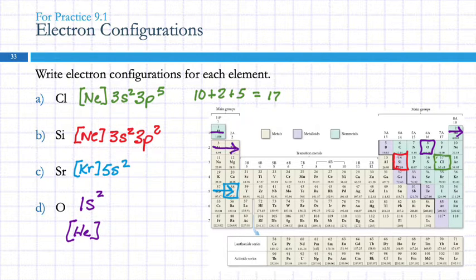And then we've got, what's that? 2s2. And 2p, 1, 2, 3, 4. So 2p4. So the other way to write it would be like this. Any questions?